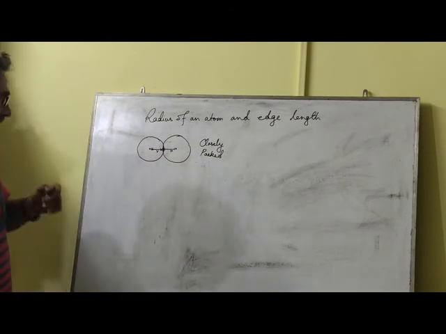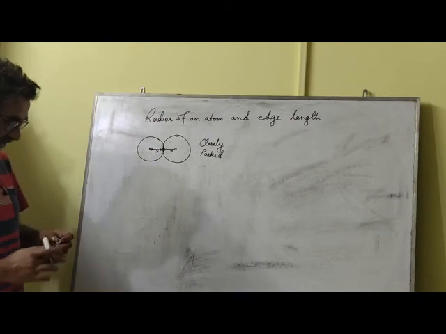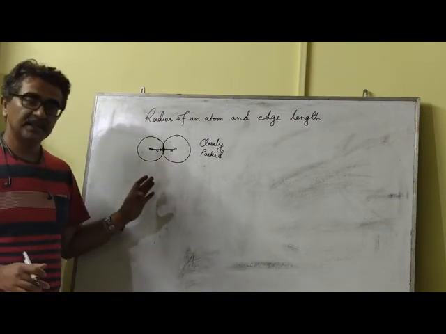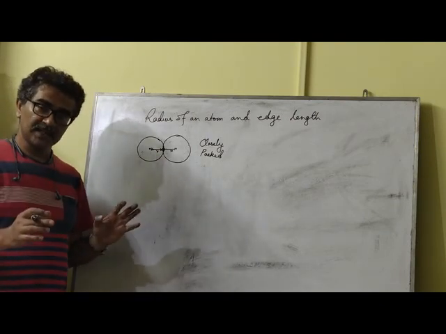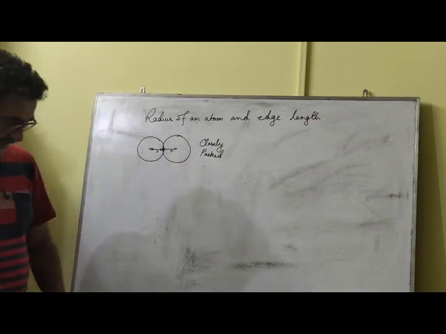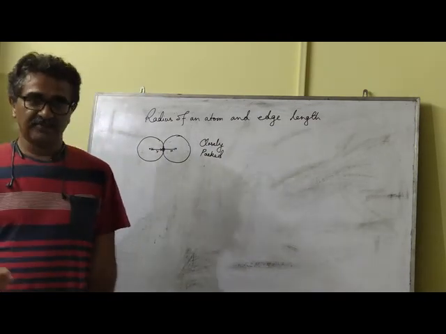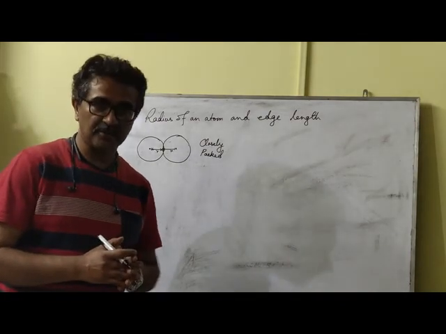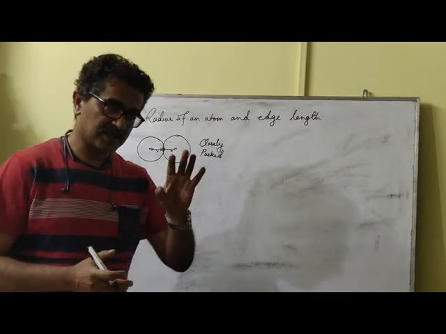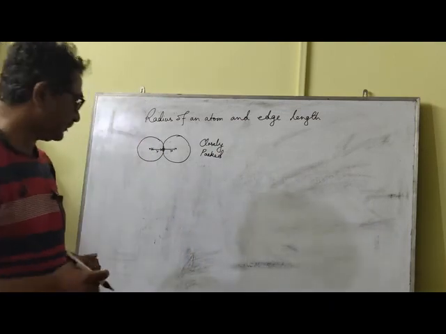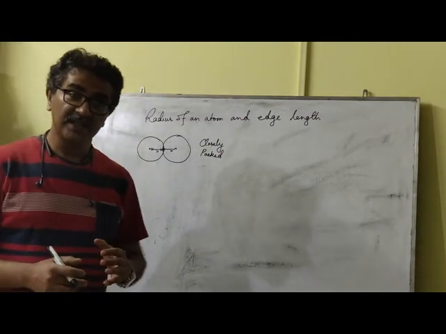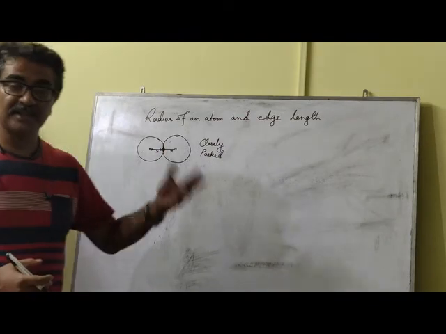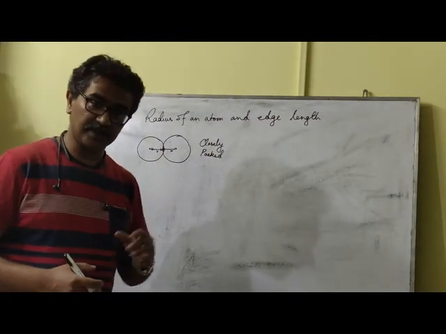And when I'm talking about the edge length, I'm talking about unit cells which are cubic in nature. The other different forms which we have learned prior to this video, you will not get questions related to that. You will only get questions related to cubic unit cells. And it's very easy to find the relationship between the radius of the atom and the edge length in a cubic unit cell.